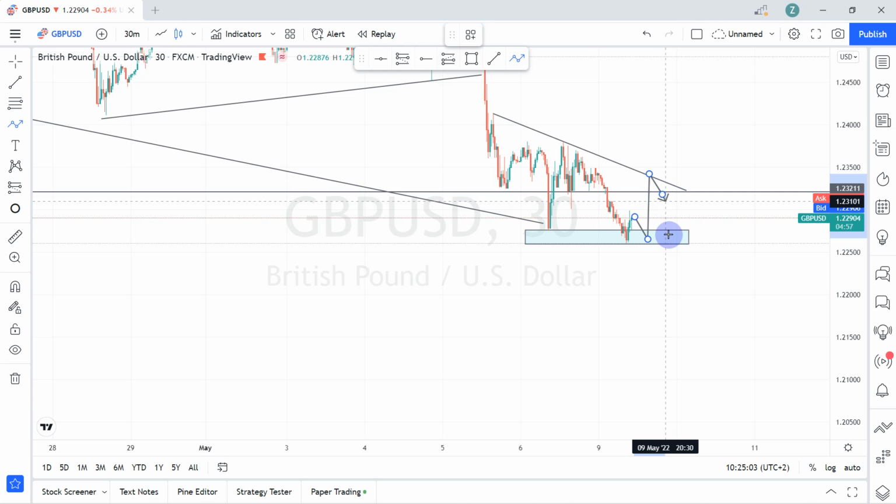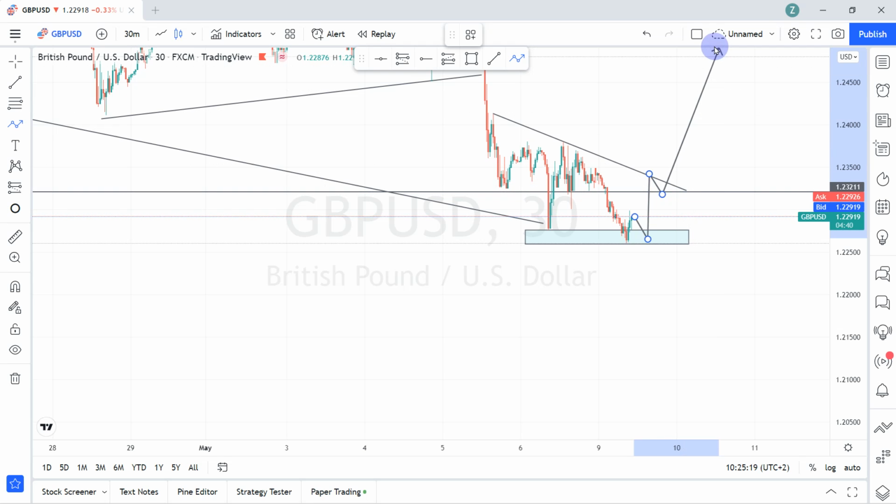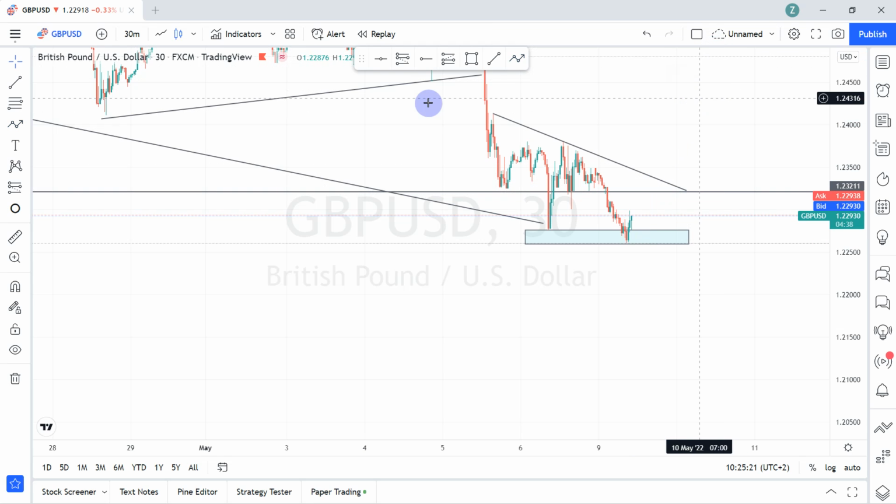because the market might push to the downside and stop you out before actually giving us another double bottom, and it might push to the upside, and from there that's when we would cater for our buys.